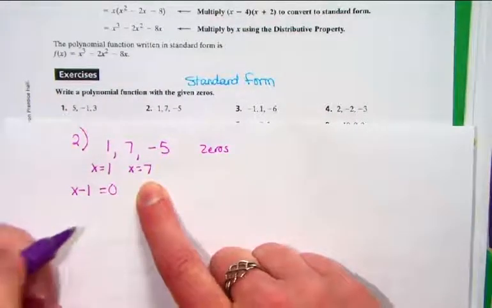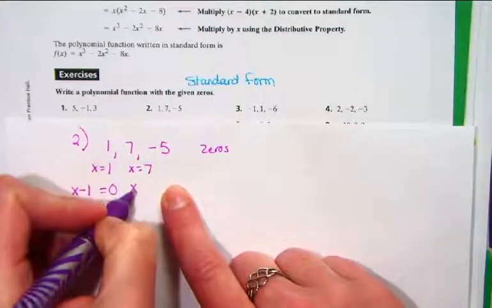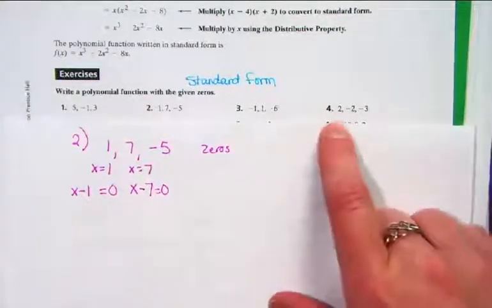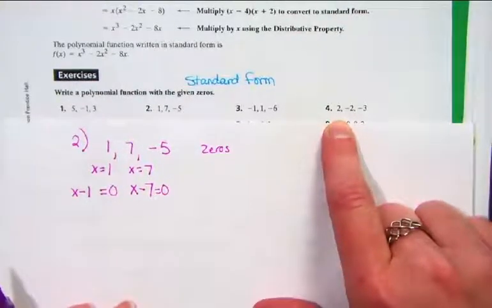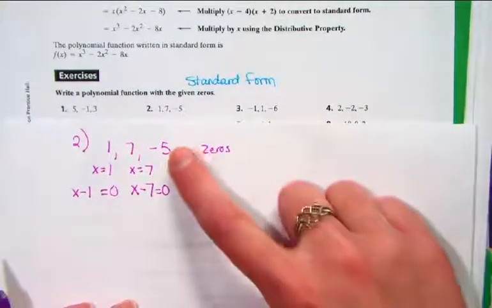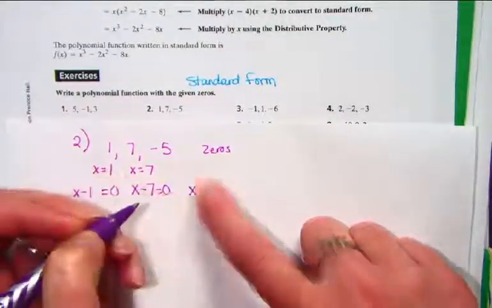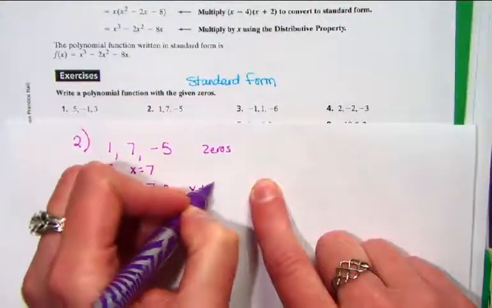Now I'll go ahead and work through each of these steps for each of these factors, but I have a feeling that by about the 4th example, you will realize that all we're really doing to change from a zero to a factor is just putting an x in the front and flipping the sign that we have there.